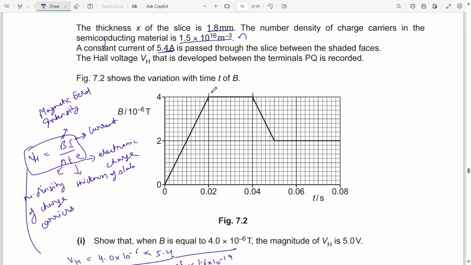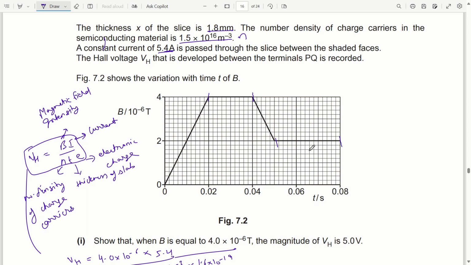So VH will remain constant for 0.02 to 0.04, and then from 0.05 to 0.08 again VH is going to be a constant value.